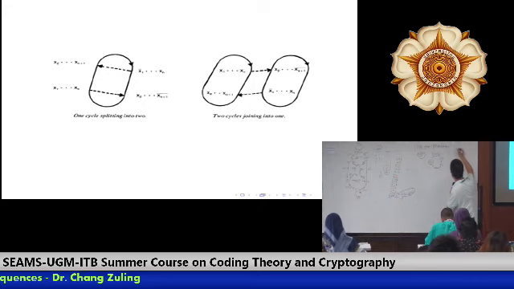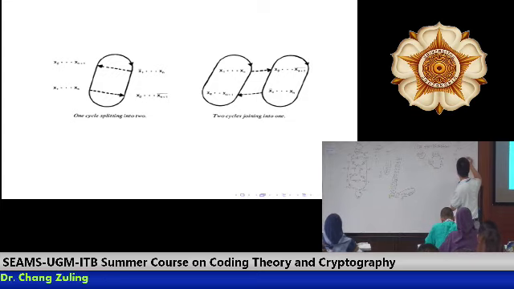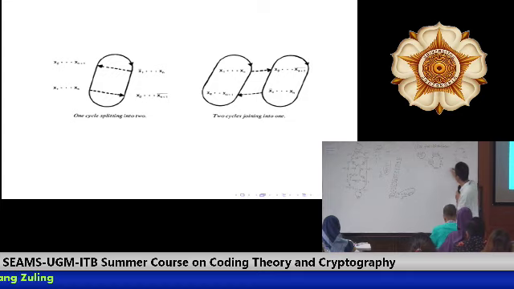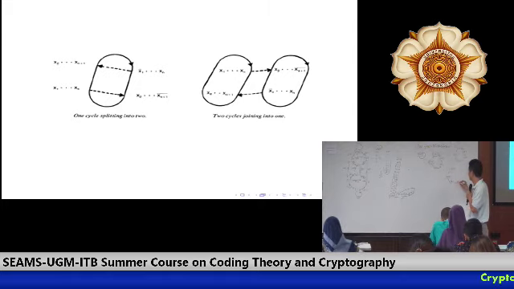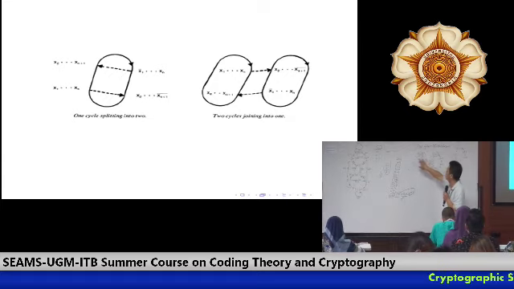And another one is this one. It's one loop and 3 cycles with period 5, 5, 5.